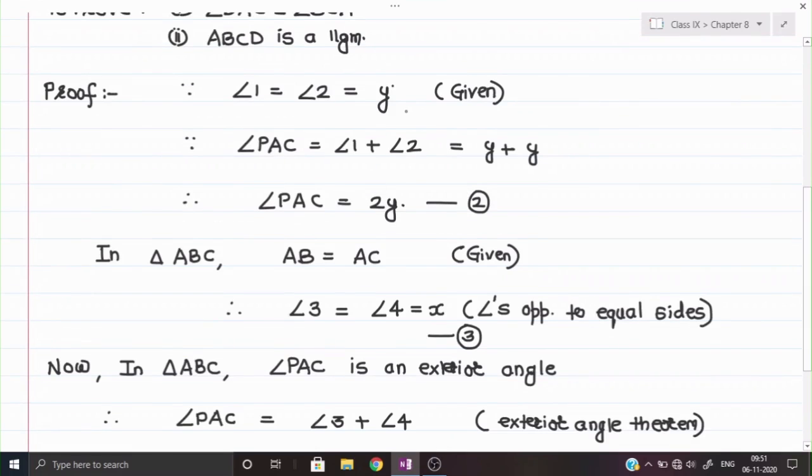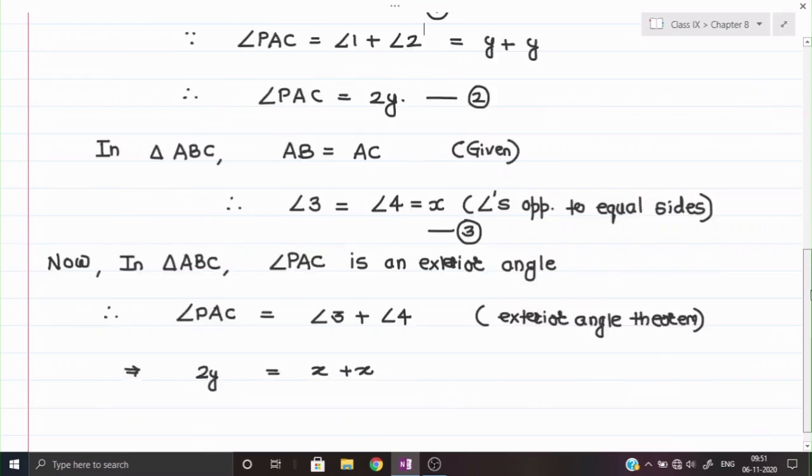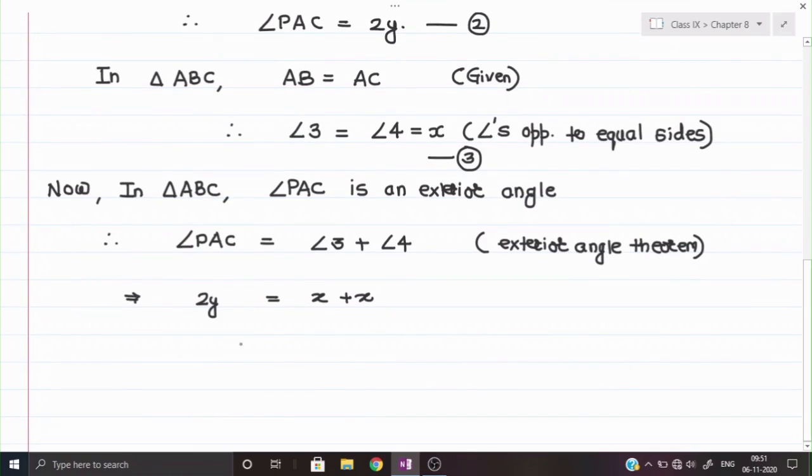So this is my equation number 1. Okay, now further 2y will be equal to x plus x. Here we can write down by equation second and third. So here we can say that 2y will be equal to 2x, because x and x if you add will become 2x.